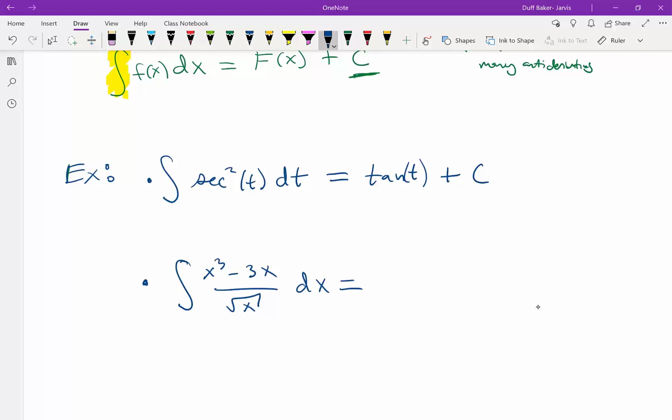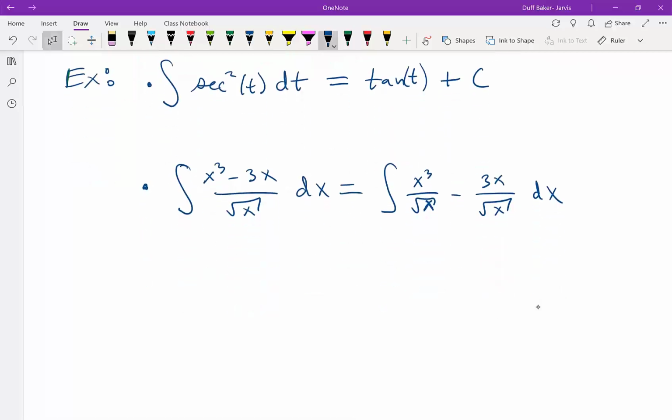And so to put it into a more recognizable form, what I would do is I would break up the fraction, right? I would break it up like this. You can break fractions up in the numerator, not the denominator, and then we can think about this in terms of powers.